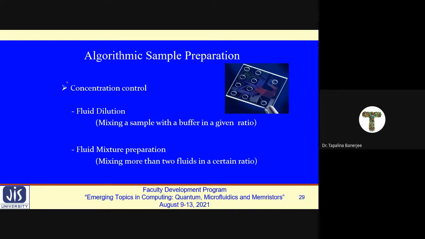For dilution of a sample, it is mixed with buffer fluids in a given volumetric ratio to achieve a desired target concentration factor of the sample. And in case of fluid mixture preparation, mixing occurs between more than two miscible fluids in a certain ratio.